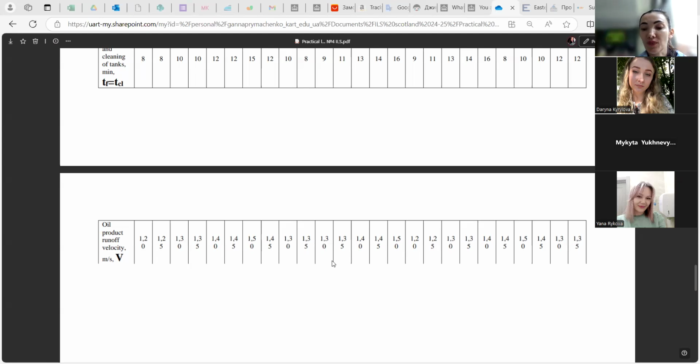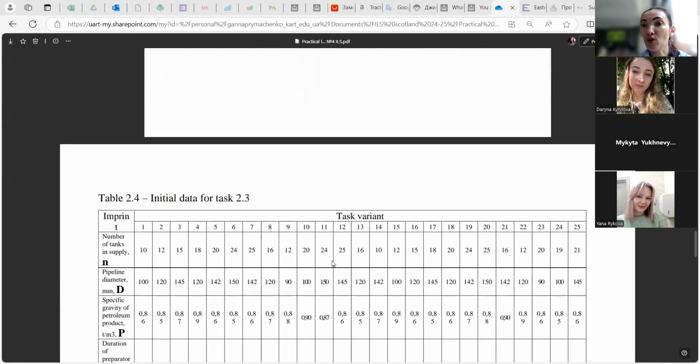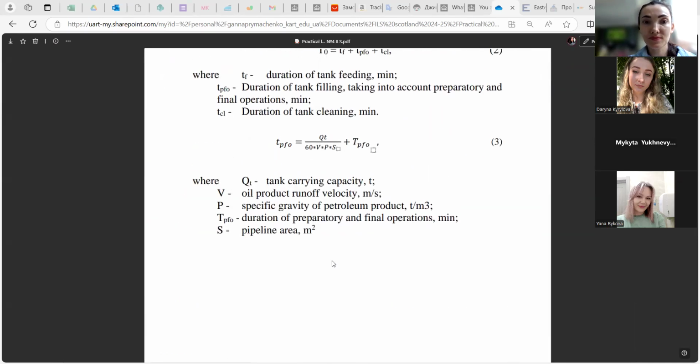And also multiply by, we found it in our formulas already, such parameters as P. What does it mean? Find it. P is the specific gravity of petroleum products. It is shown in meters per cubic meter. We can also find it in our tables.